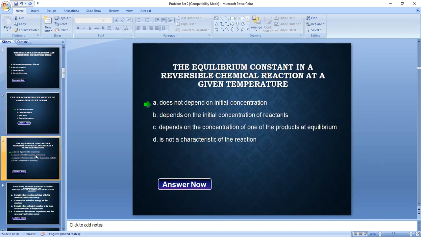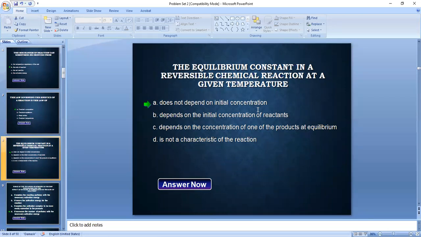Now, the equilibrium constant in a reversible chemical reaction at a given temperature does not depend on the initial concentration. Where does the equilibrium constant depend on for a reversible reaction? Where does it depend on based on what we have discussed so far? So the answer, it does not depend on the initial concentration.